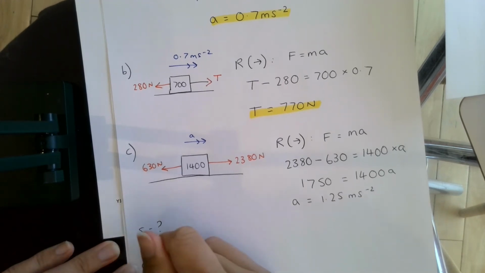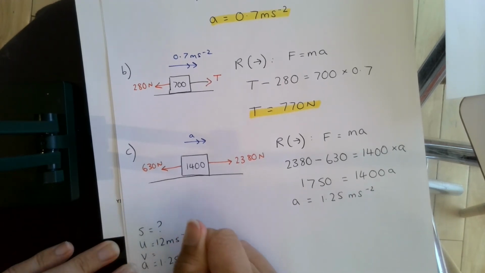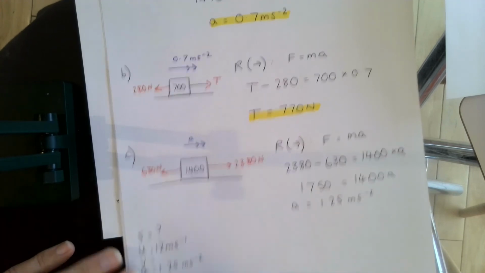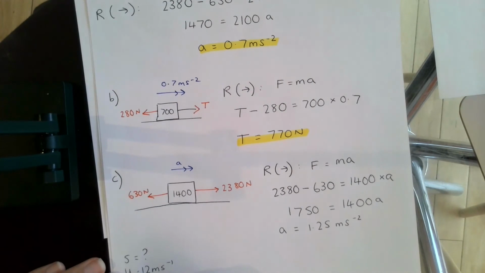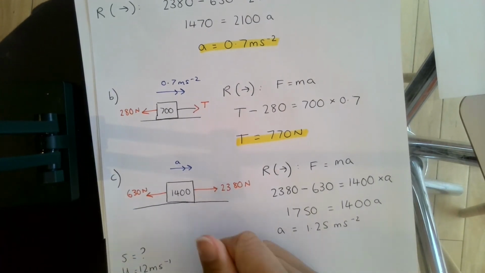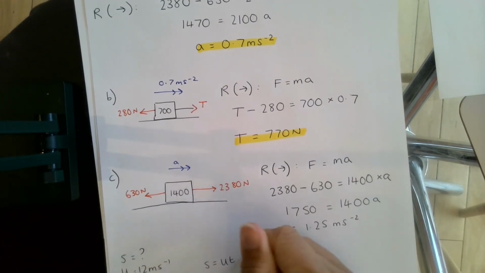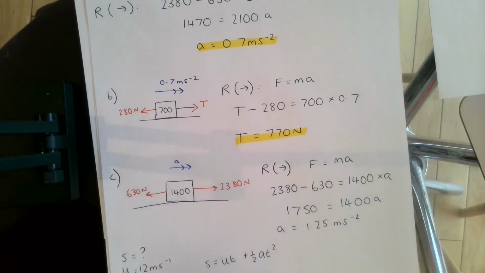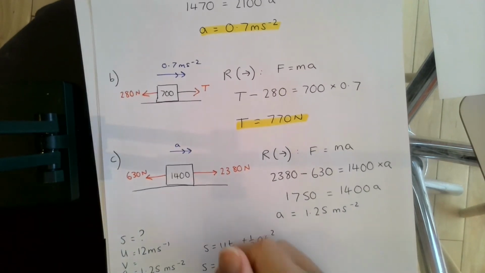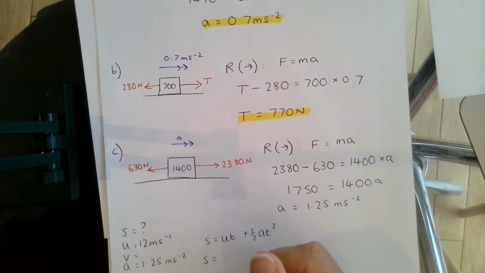The acceleration is 1.25, we've just worked that out. And the time is 4 seconds because we're asked for the first 4 seconds how far it moves. And therefore I can use s equals ut plus a half at squared. If you sub all those numbers in, you will get that s is equal to 58 meters.